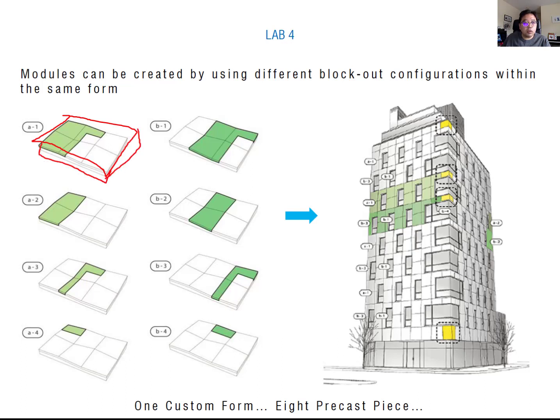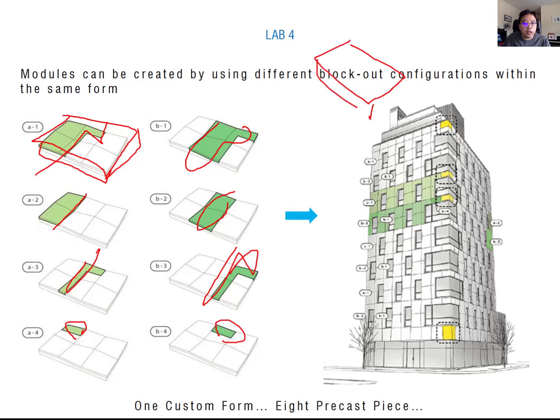But depending on the cutting location, they cut this, cut the middle, cut this edge, cut this part, and cut this side and this side. It means basically from one single panel, they make 8 different precast pieces. It's very economic. It doesn't need 8 different molds. It makes only a single mold, but it can create 8 different pieces. So this considers the economy, the budget, and more about the efficiency to design your precast module. Okay.